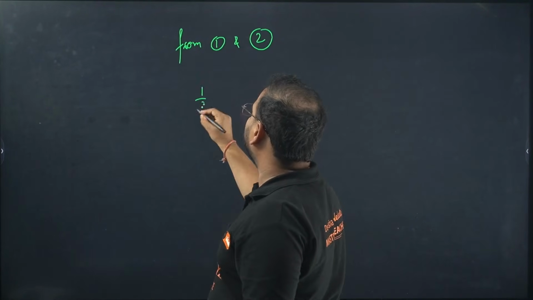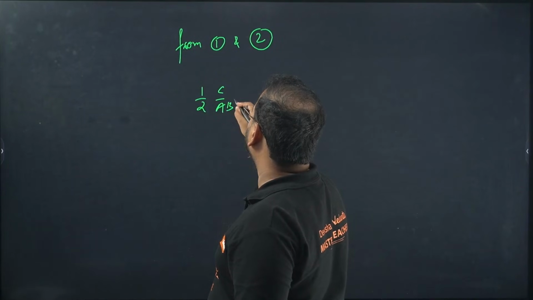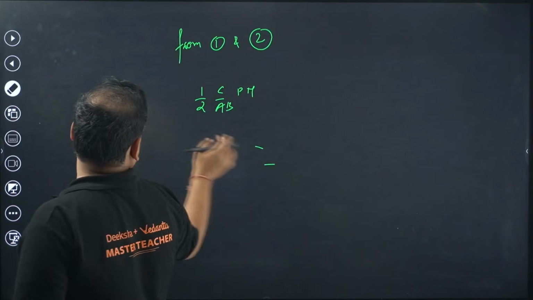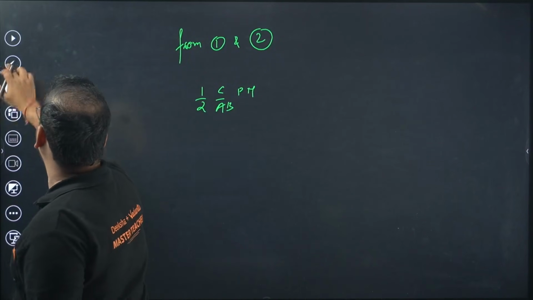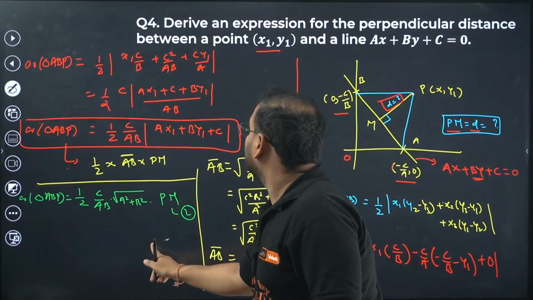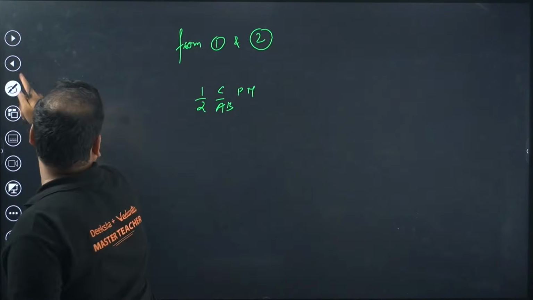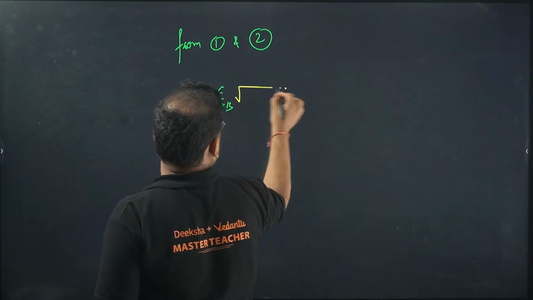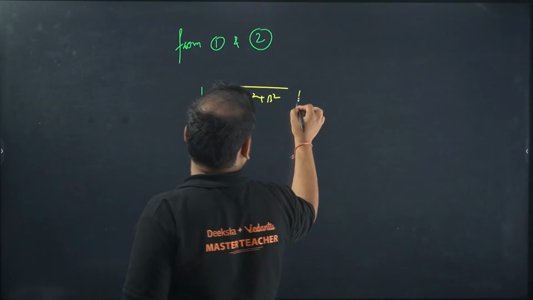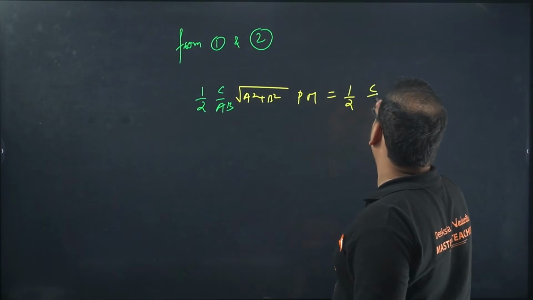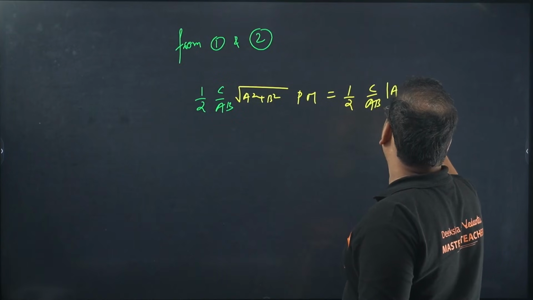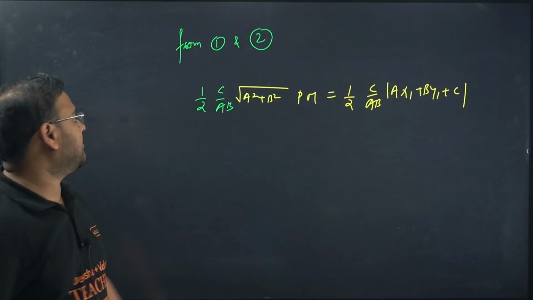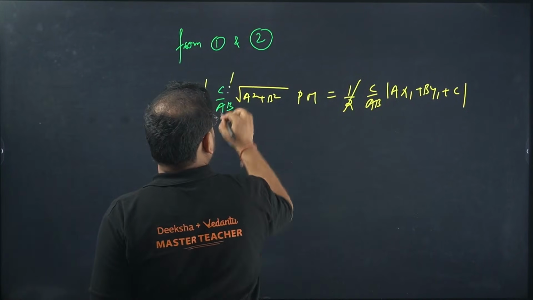What do we have? We have half of C upon AB into PM, right? One second. Into PM. I forgot to write the bracket actually. Root of A square plus B square and PM outside, and we have 1/2 C upon AB mod of AX1 BY1 plus C. Check here: 1/2 cancelled, C by AB cancelled.